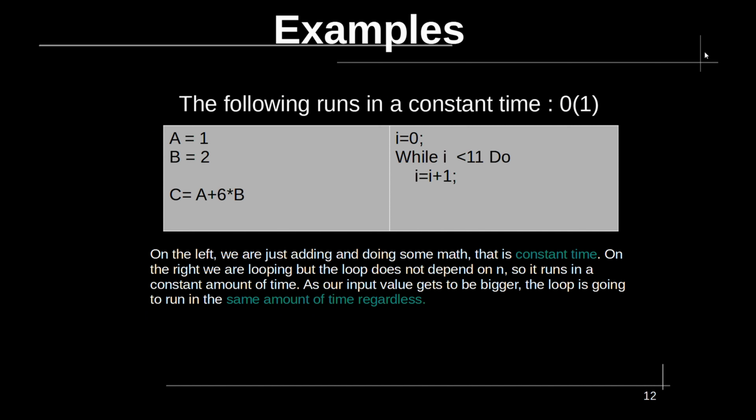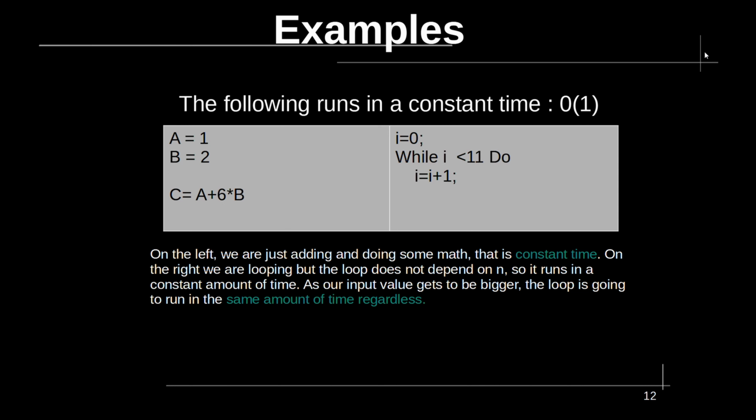Now let's look at some concrete examples of how Big O is used. Both of the following run in constant time with respect to input size, because they don't depend on n at all. On the left-hand side, we have A assigned to 1, B assigned to 2, and C assigned to A plus 6B.